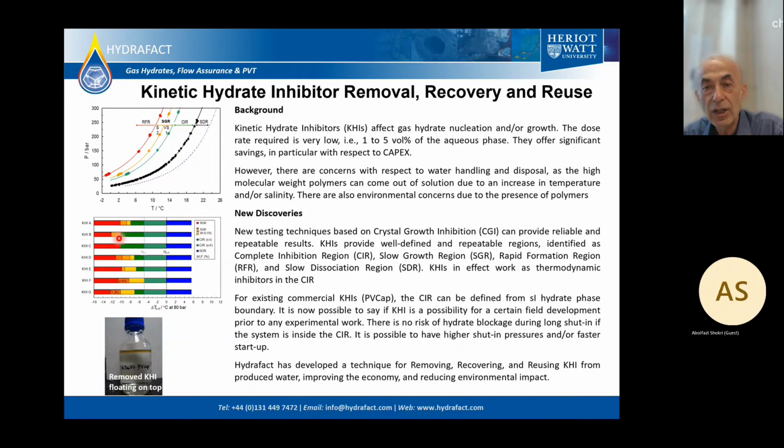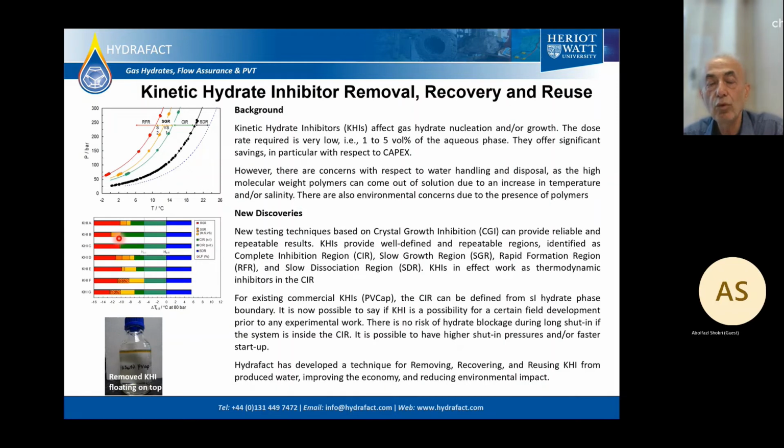And lean MEG is the result of this MEG regeneration. So that loop creates lean MEG. And then we have another loop to recover KHI, the polymer, and use it again.